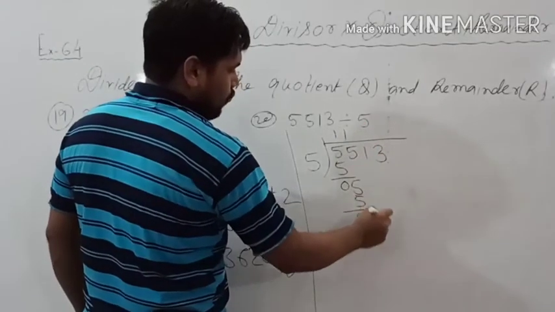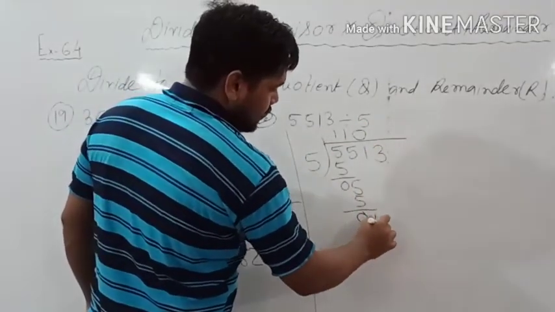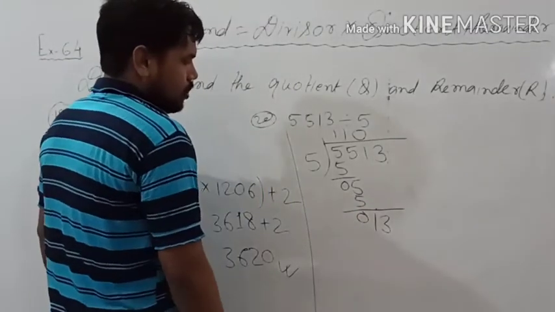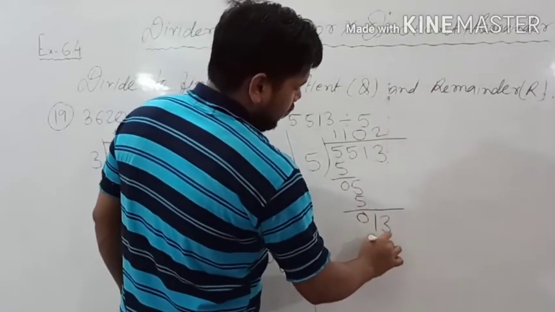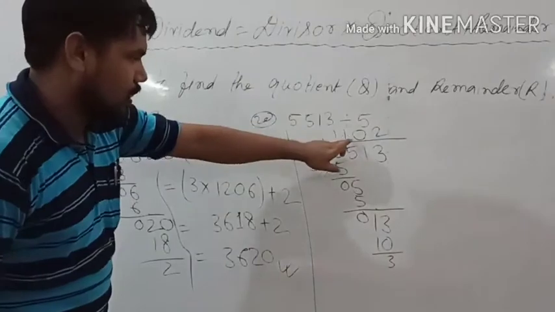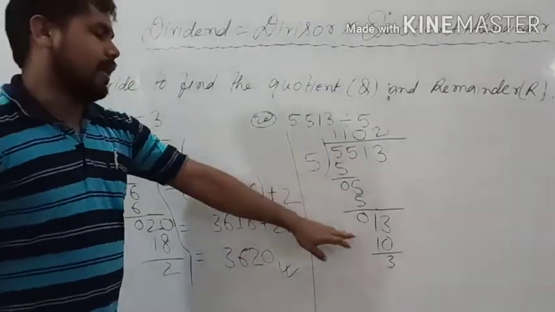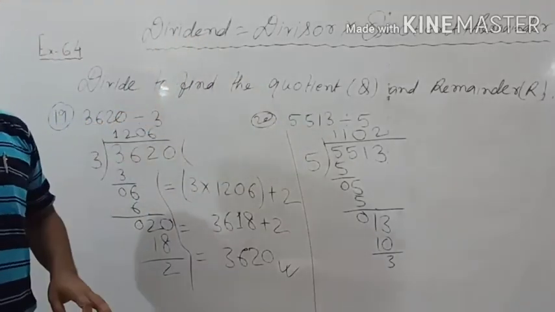For picking one more digit we have to put 1 0 in the quotient and then we can take this here. So then it is 13. 5 twos are 10, so 3 is the remainder. So the quotient is 1 1 0 2, the remainder is 3 and the divisor is 5.